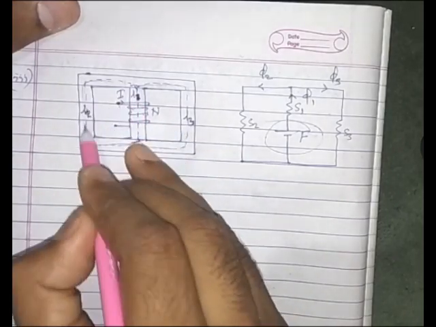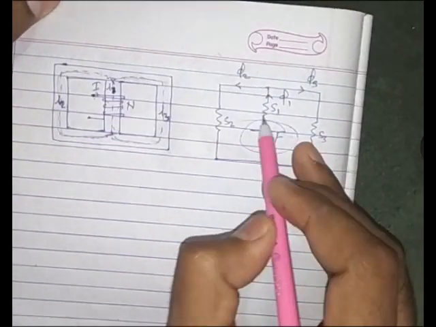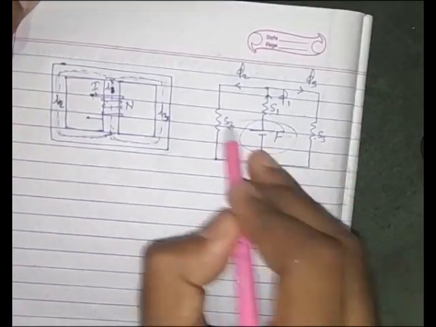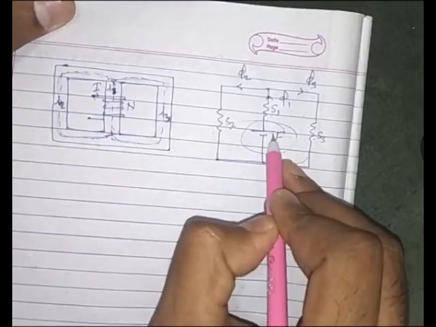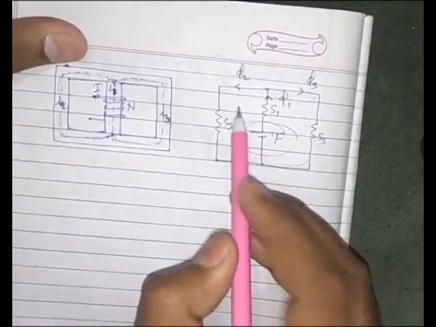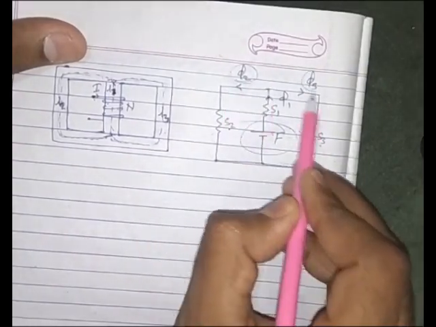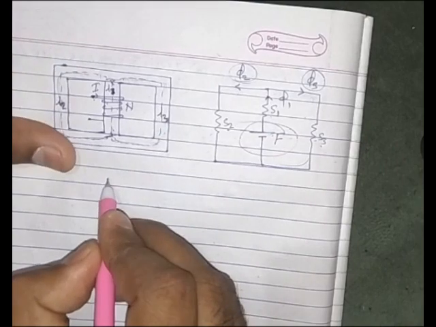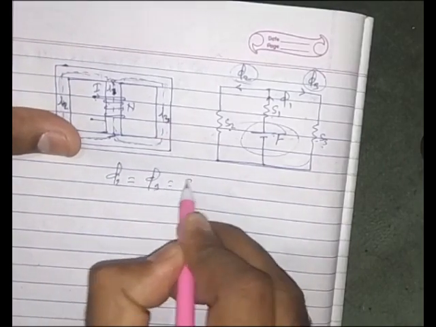So the reluctances offered by L2, L3 and L1 are shown like this. S2 and S3 are shown in parallel, while S1 is in series. If S2 and S3 are equal, then the flux phi 2 and phi 3 will be equal. So we can say that phi 2 is equal to phi 3 is equal to phi by 2.